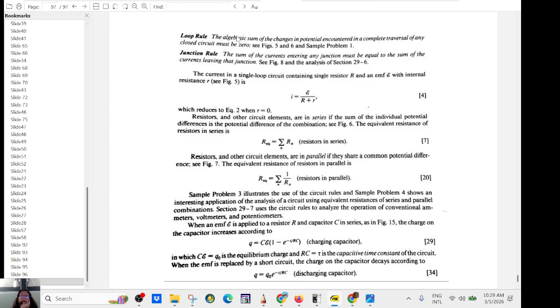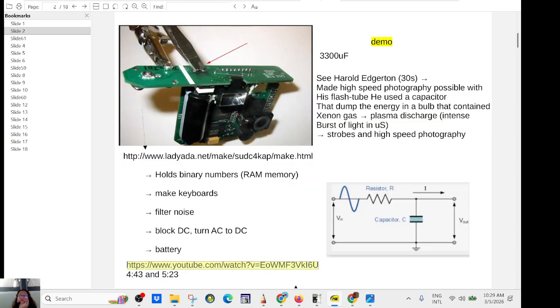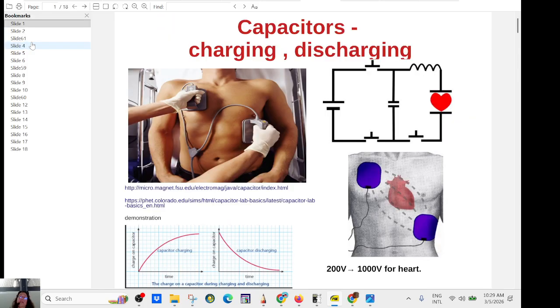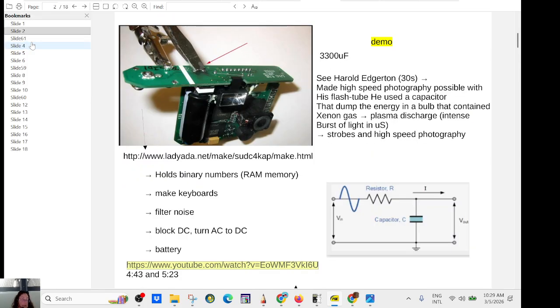Done. Okay, so a few more things about charging and discharging the capacitor, because it could be important if you go into electronics. There are a lot of applications for capacitors. First of all, you can use them as a high pass or low pass filter.